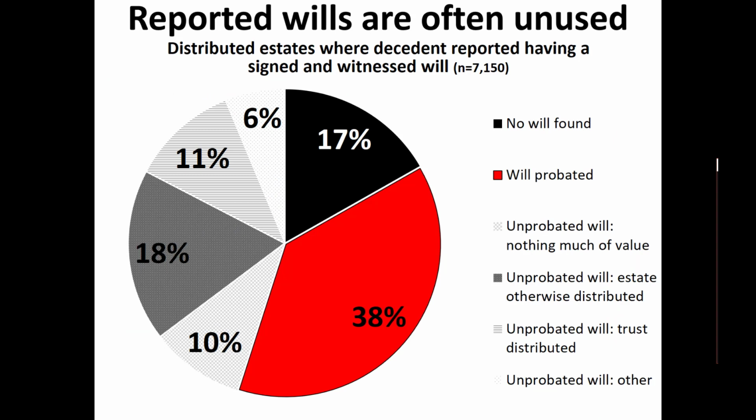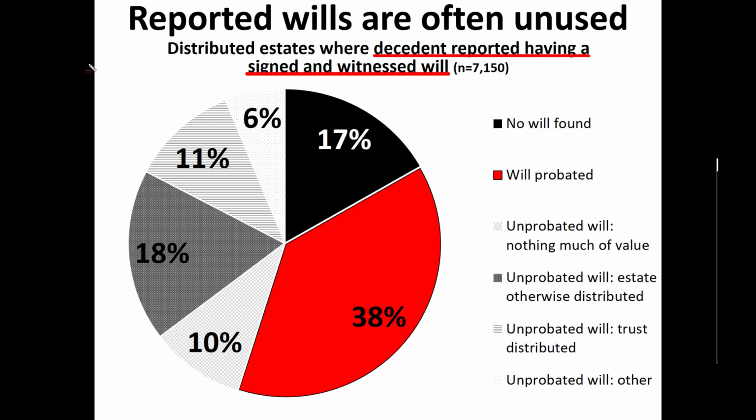The reason I say this is a big deal is when we look at, and this is covered in other lectures, the estates where the decedent reported having a signed and witnessed will in their last survey prior to death.